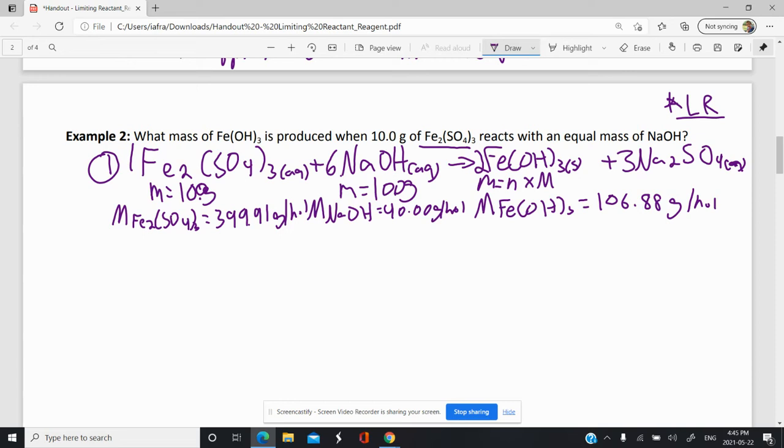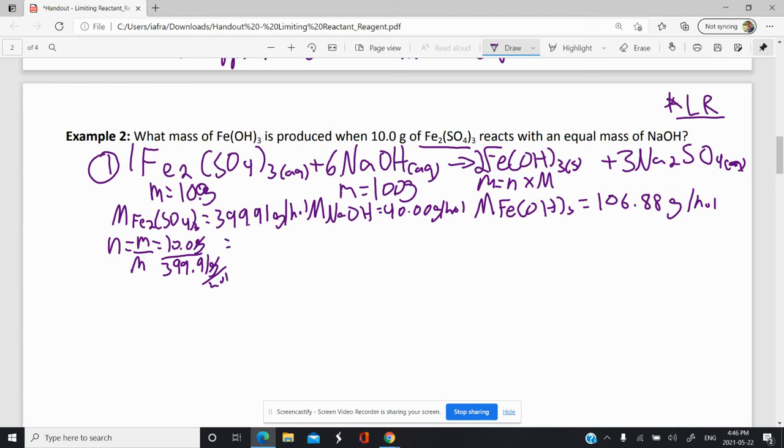And so what I'm going to do is I'm just going to convert the reactants, all of them, to their moles. So I'm going to get the moles of the iron 3 sulfate. So we'll have moles of iron 3 sulfate will be equal to the mass over the molar mass, which is 10.0 grams over the 399.91 grams per mole. Cancel grams out, and we're left with moles.